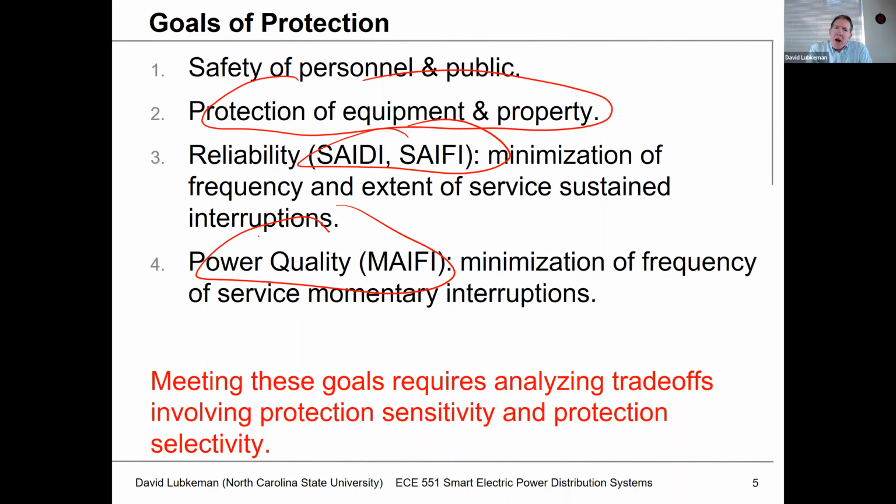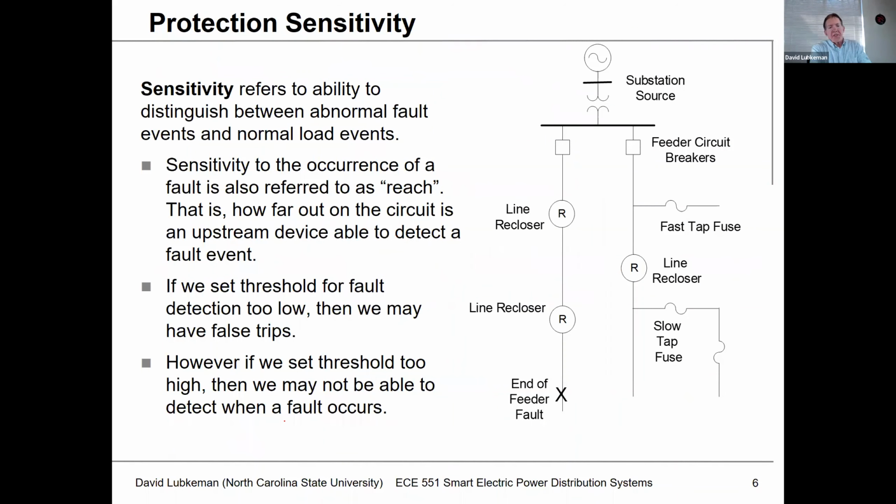So there's going to be a variety of trade-offs involved in trying to meet all these different types of goals. And to make these trade-offs, we need to understand what's called sensitivity and selectivity. Sensitivity refers to the ability to distinguish between abnormal fault events and normal load events.